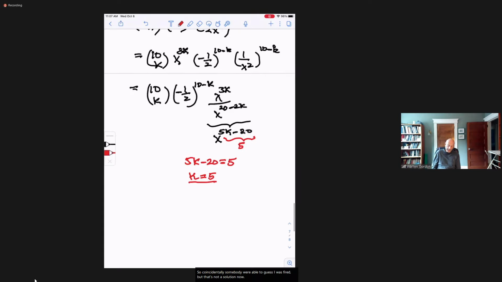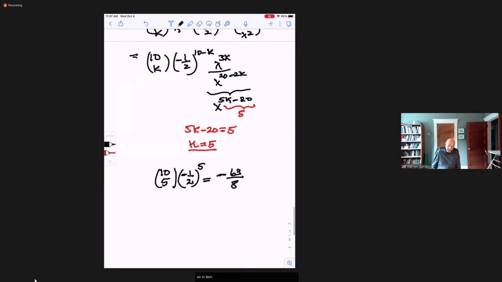Now, if k is 5, then the coefficient is 10 choose 5 times minus 1/2 to the 10 minus 5, which is 5. And this turns out to equal minus, what did I get finally? 63 over 8.